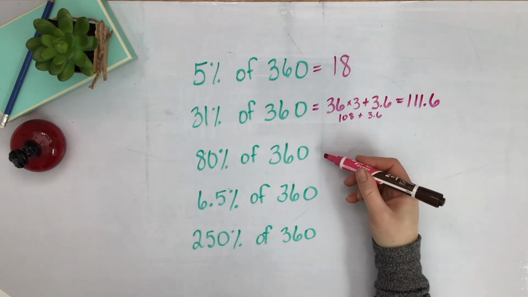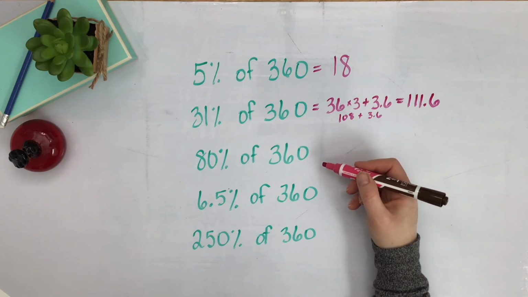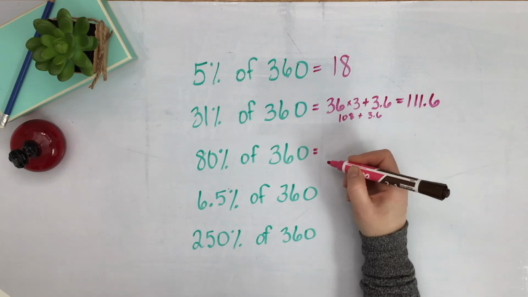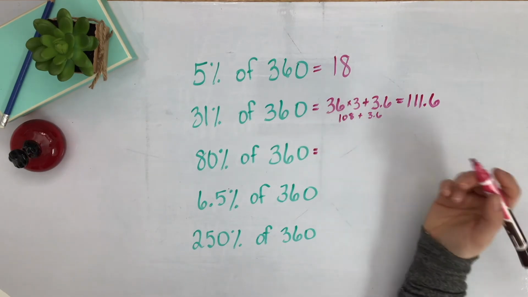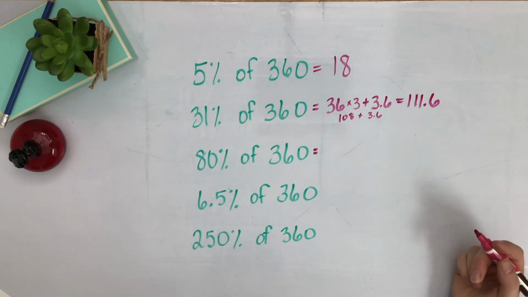To find 80% of 360, I've got a few options. I could do 50% plus 10, 10, 10, or I could just find 10% and then multiply that by 8. Either way, you're building 80%, so you can choose what works for you. I will go with 50% and then I'll do 30% on top of that.